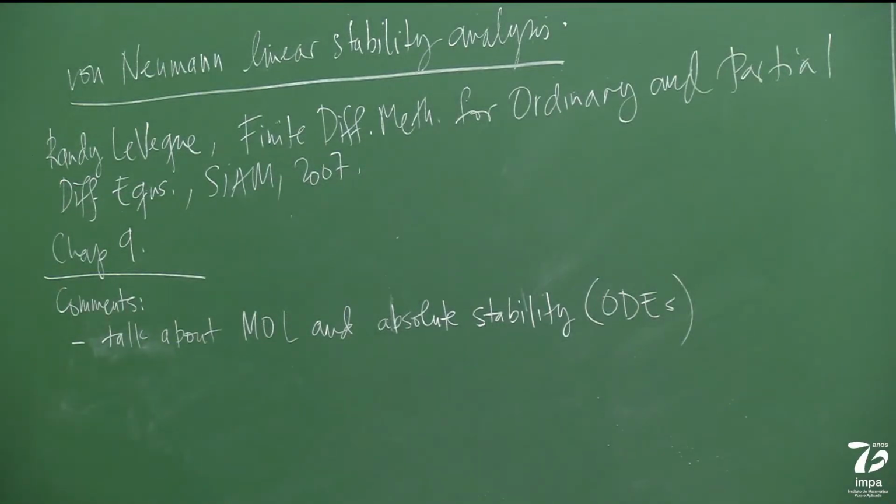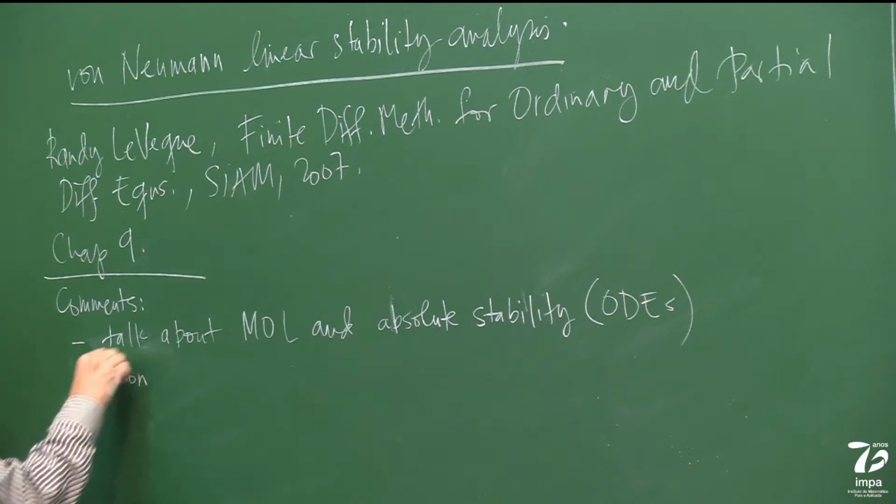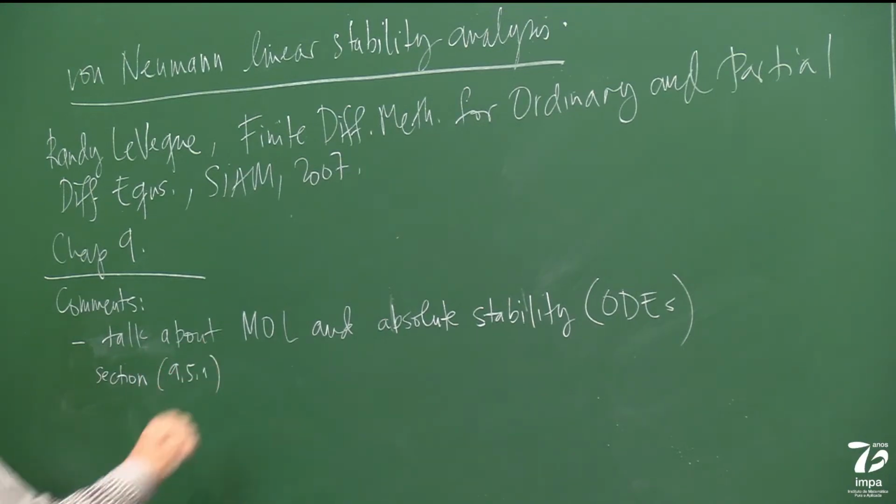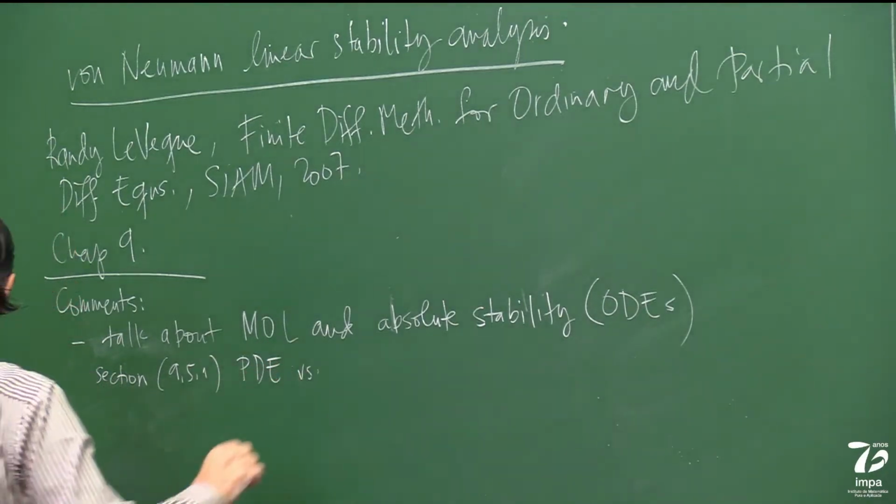So it's quite nice that he talks about method of lines discretizations and absolute stability. And then he'll talk about convergence. And with this, he talks in particular the following. There's a section, which in the book is section 9.1, which I think is very good to read, having in mind our course.